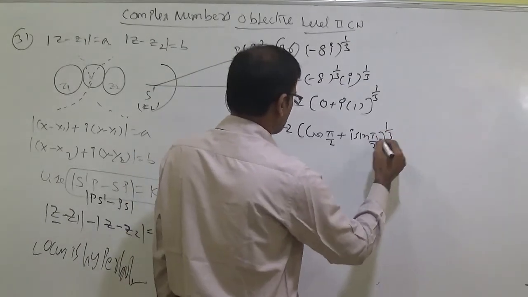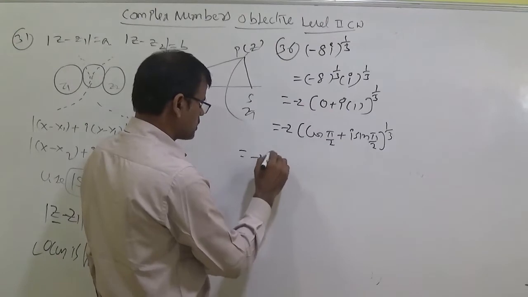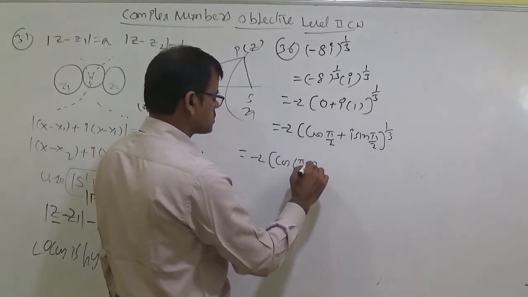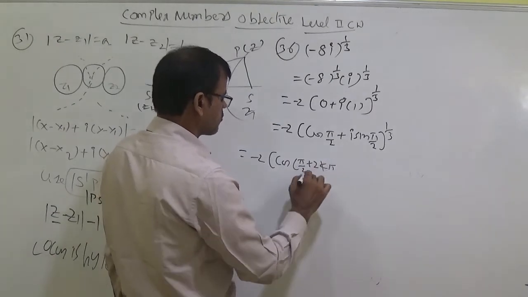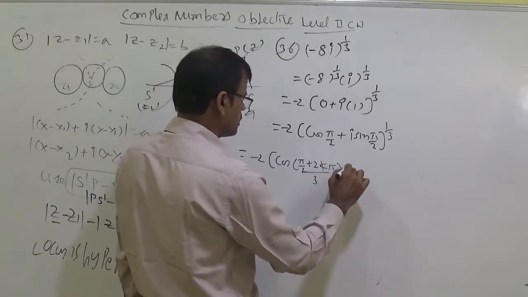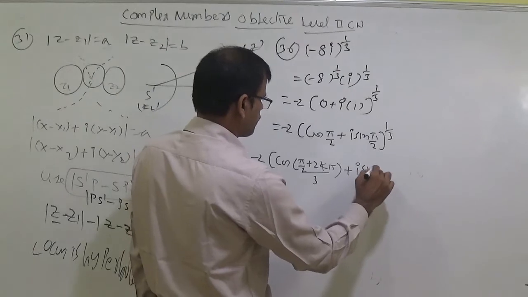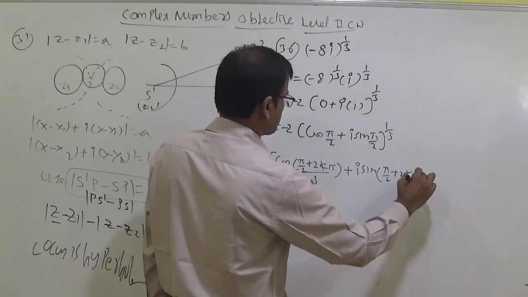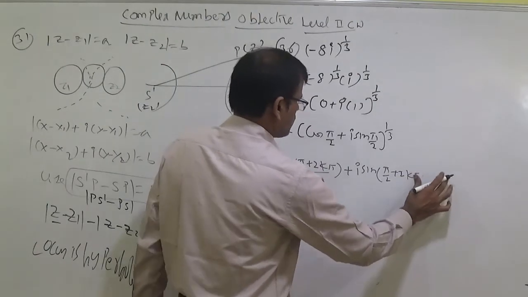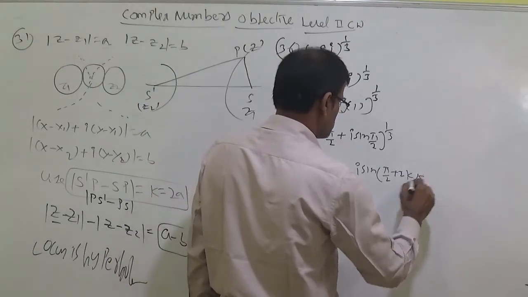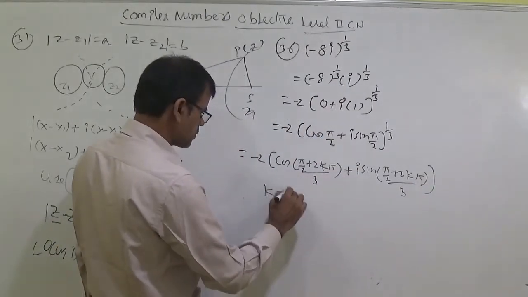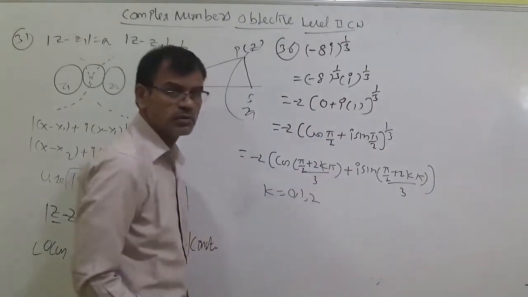Use the formula: minus 2 into cos of (pi by 2 plus 2k pi) by 3 plus i sin of (pi by 2 plus 2k pi) by 3, where k is equal to 0, 1, 2.